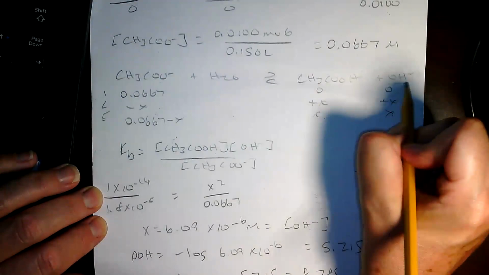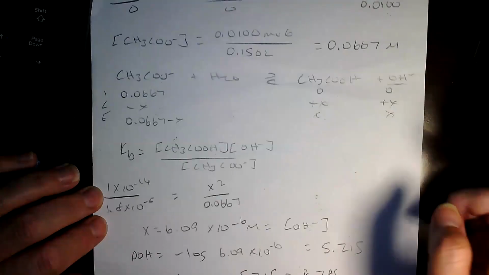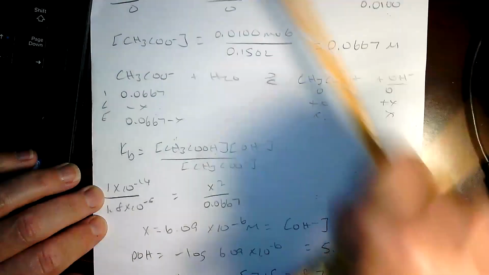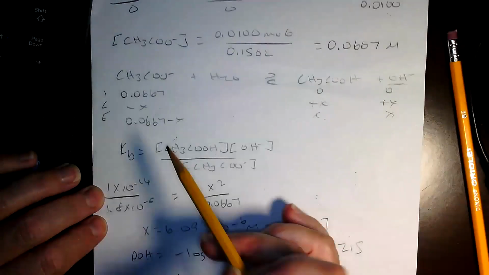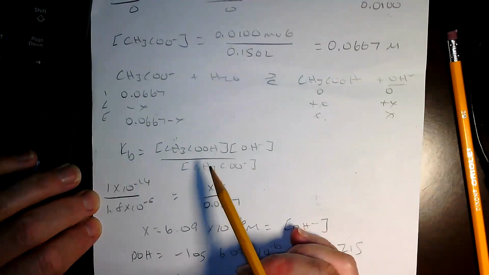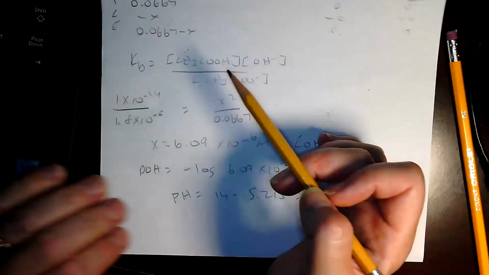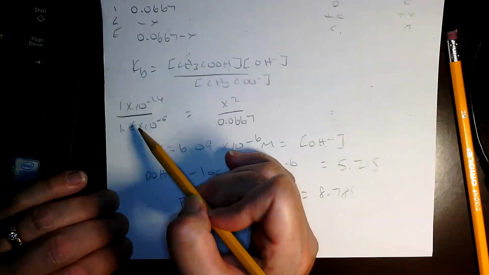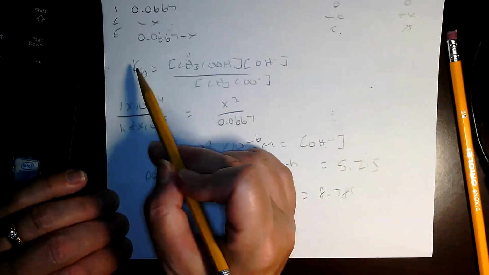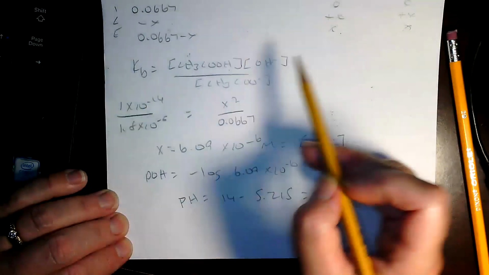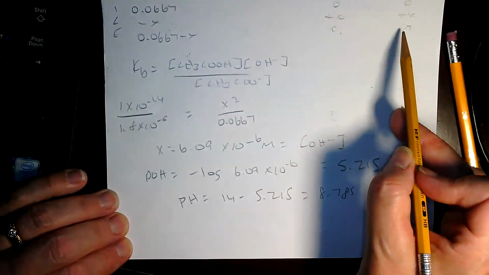Once we calculate hydroxide, we're going to be able to figure out the pH of the solution. So we write our KB expression. We take the KW and divide it by KA to get KB.